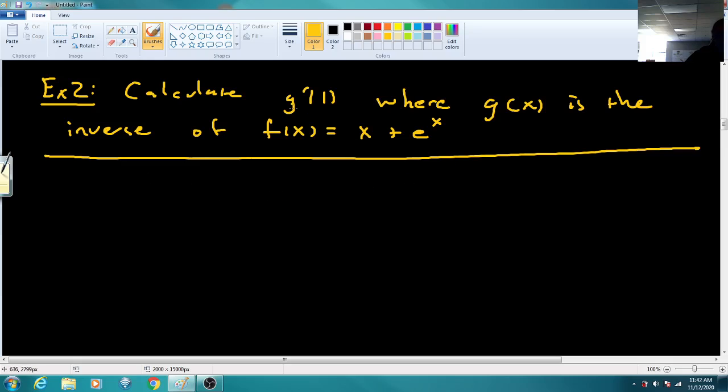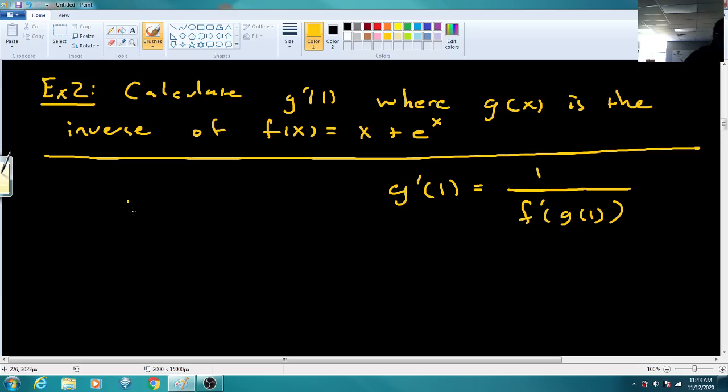Okay, so g prime of 1 will equal 1 over f prime of g of 1. F prime is easy to calculate. The problem is the switch x and y trick won't work on this equation here. We're not going to be able to figure it out.